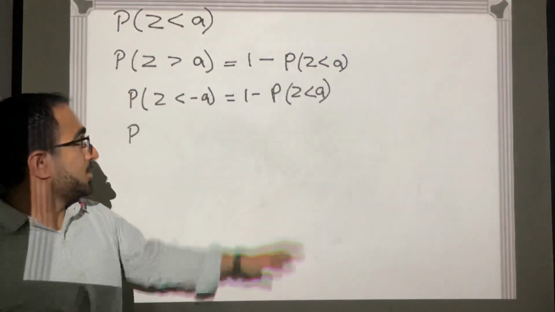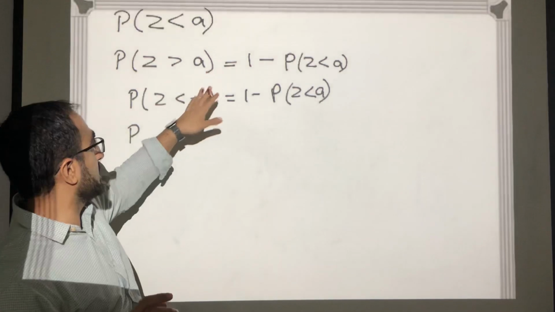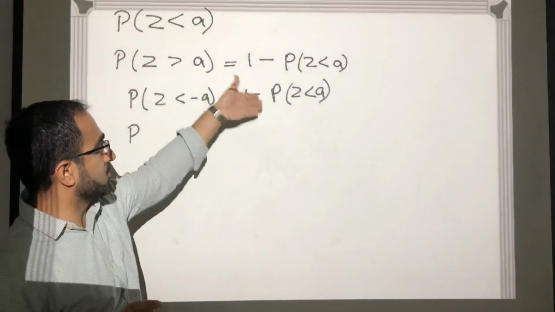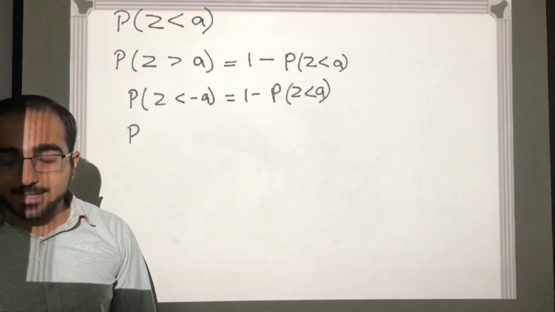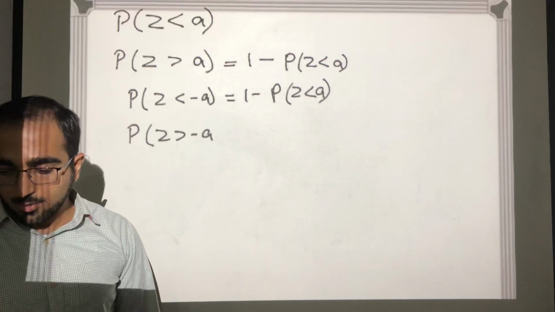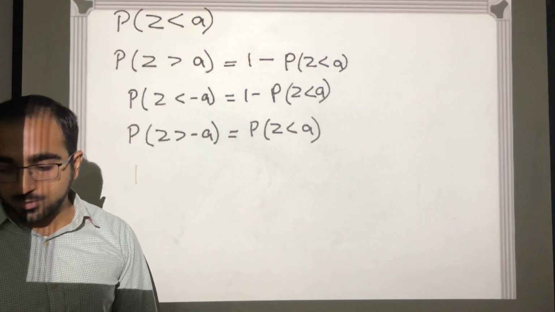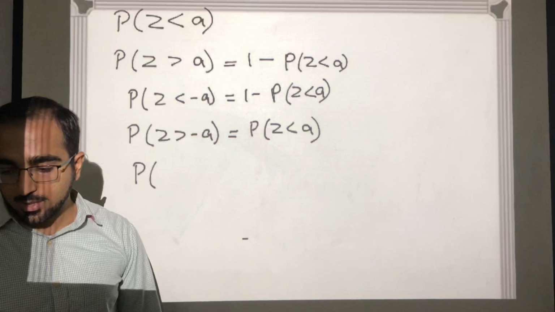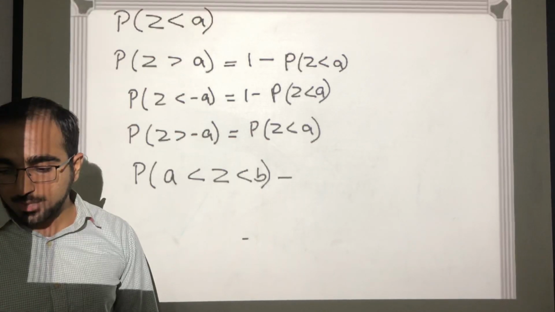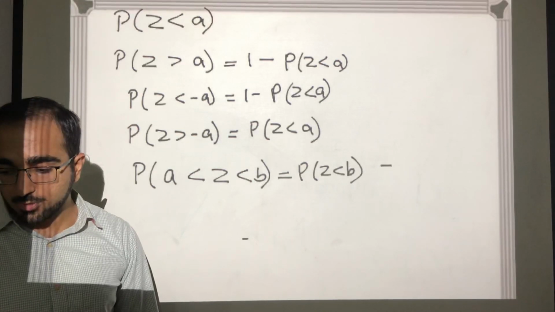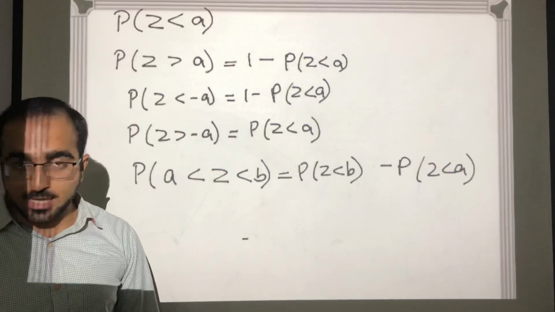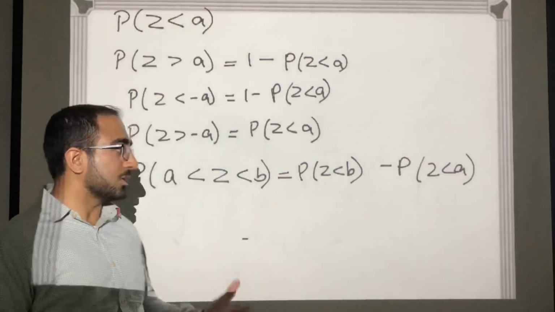It is equivalent to z greater than a. Greater than a and less than minus a is the same thing, so both are the same. Greater than minus a is equivalent to z less than a, which was the third example that we took. And then between a and b is simply equivalent to probability of z less than b minus the probability of z less than a. This is what we need to keep in mind.